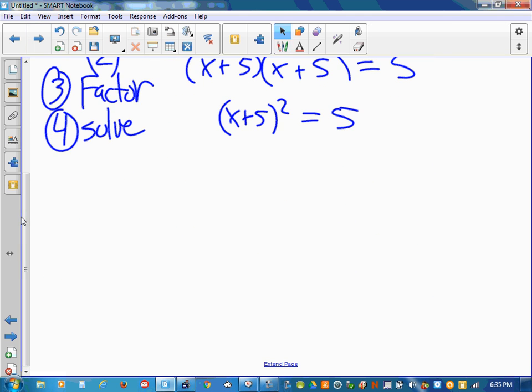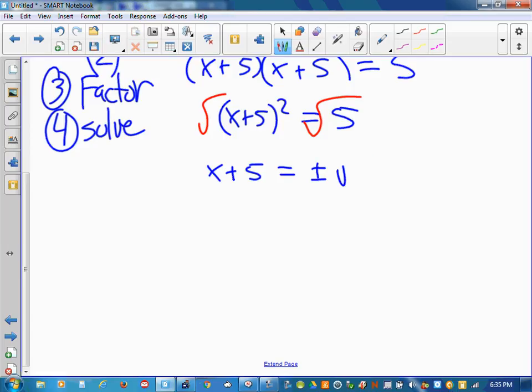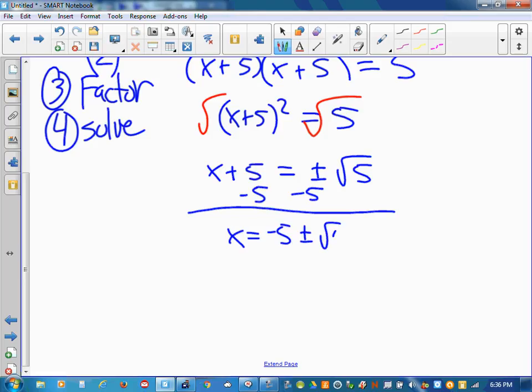Okay, so I'm going to take the square root of each side of the equation, and we get x plus 5 is equal to plus or minus the square root of 5. And then I can get x by itself by subtracting the 5 over. And I get x equals negative 5 plus or minus the square root of 5.